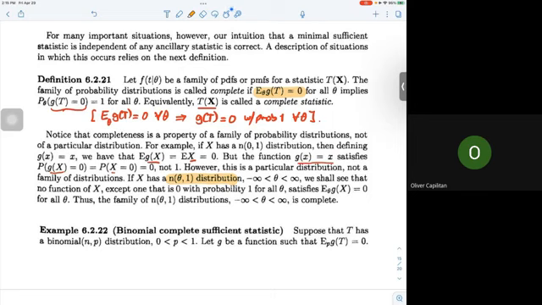So meaning to say, this 0 here actually refers to the g function. That is, the zero function of our random variable will be equal to 0.